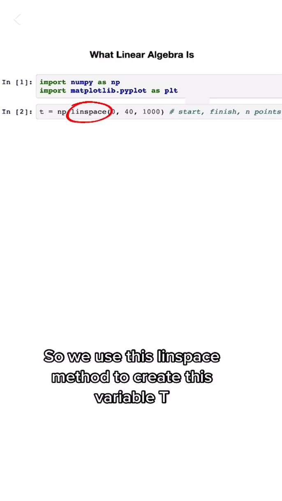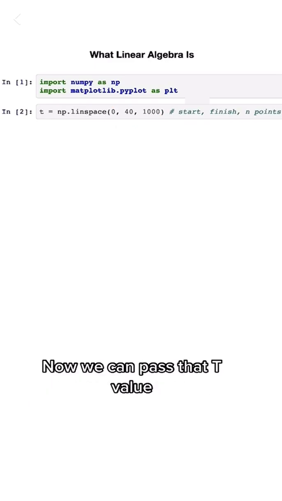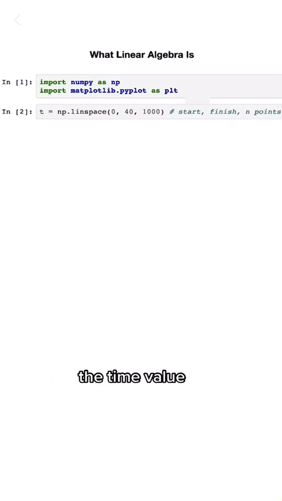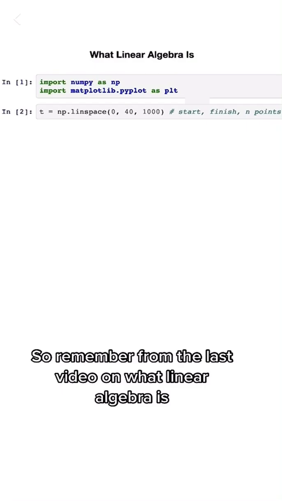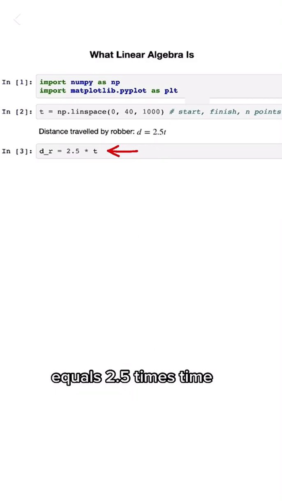So we use this linspace method to create this variable t, which consists of 1,000 points ranging from 0 to 40. Now we can pass that t value, the time value, into our two functions. So remember from the last video on what linear algebra is that the function for the distance traveled by the robber is simply d equals 2.5 times time.